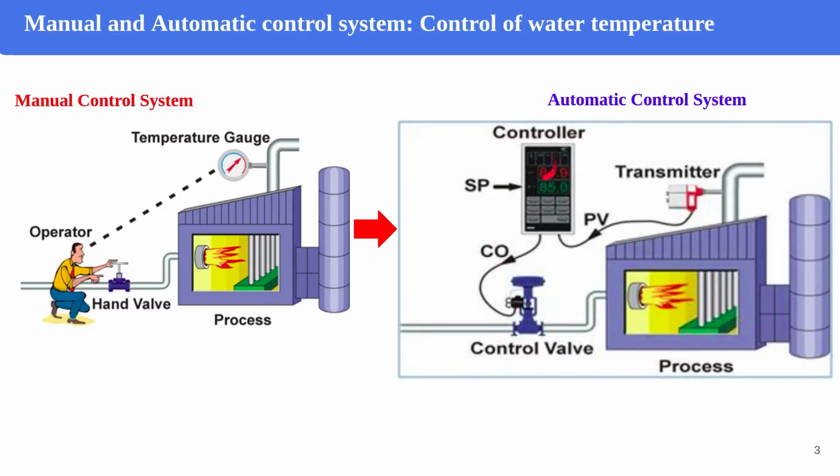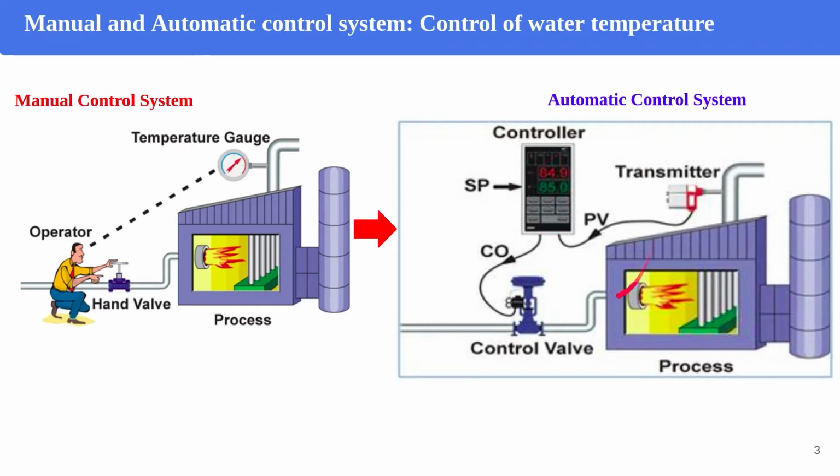And we need to install a controller, which can be a PID controller, and connect it to the temperature measurement device, here the transmitter, and an automated control valve. The main part of the control system is the controller, which we will talk about.